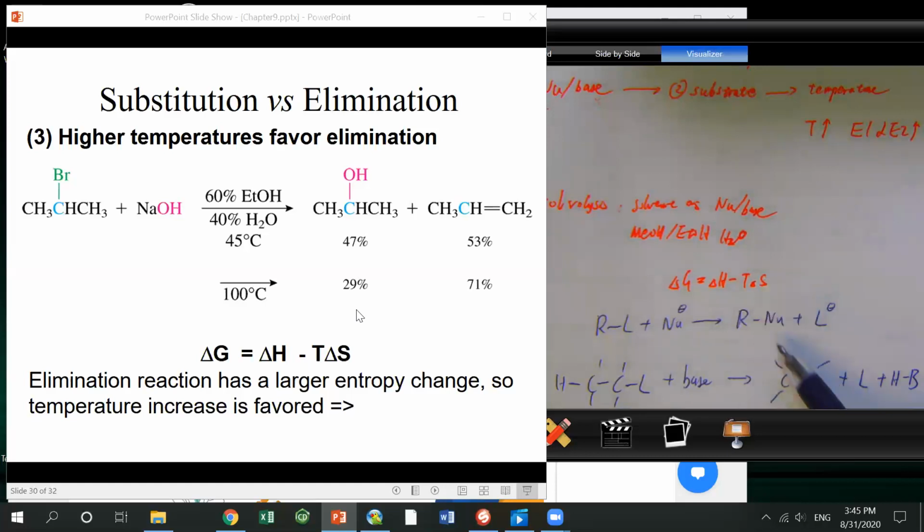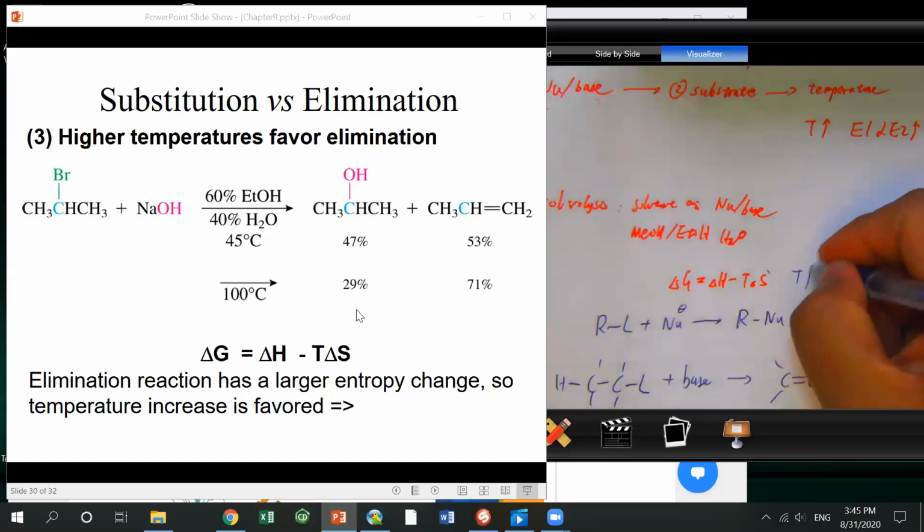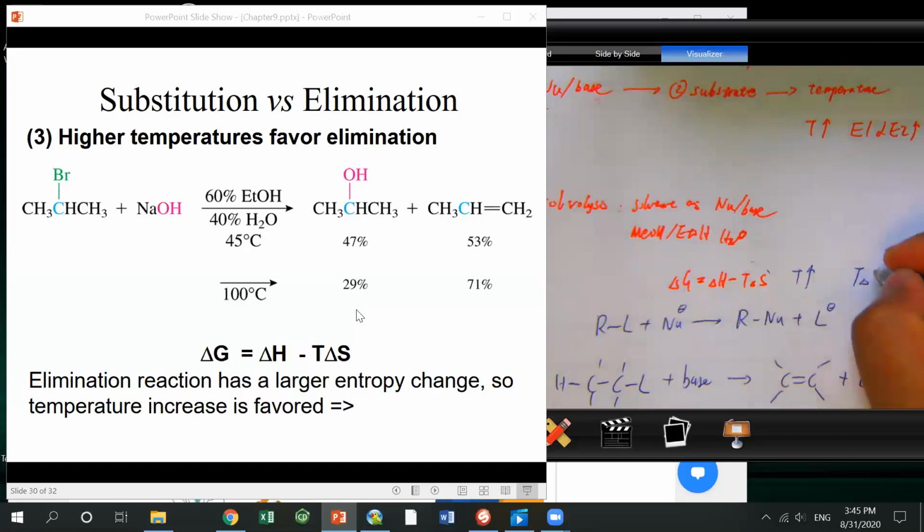That means if you increase the temperature, the T delta S term will increase, and then delta G will decrease.